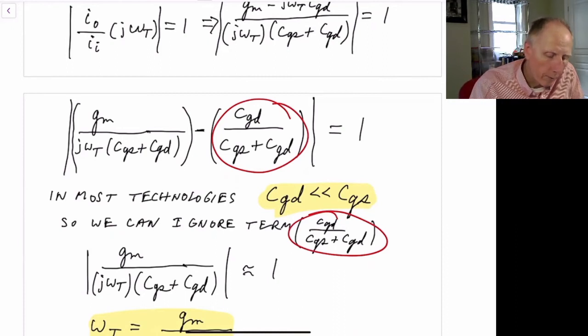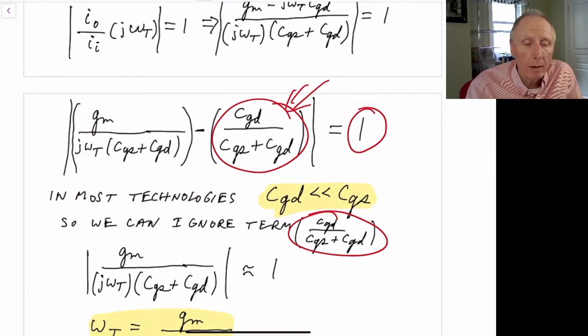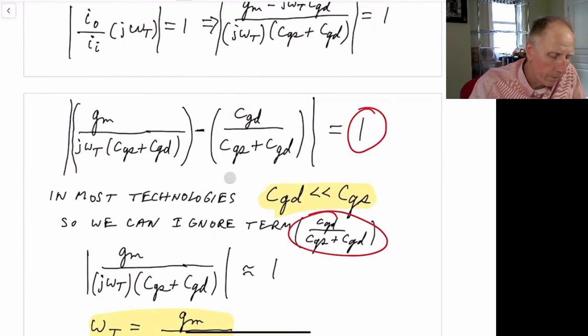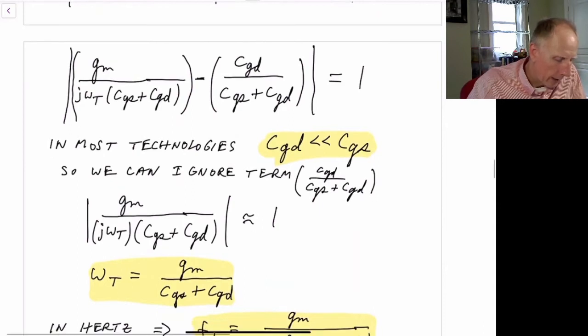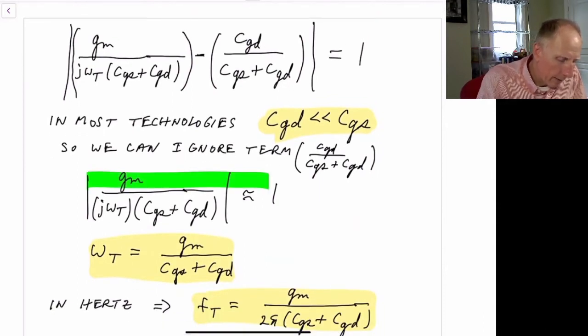Why is that? Well, we're looking at when this is equal to 1. If this value here is equal to 0.1, then we can pretty much ignore it and just worry about this term over here. We'll have 10% error, but it'll still be a fairly good figure of merit. If CGD over CGS plus CGD is 0.01, there will only be 1% error. So we ignore the second term here, and we have our equation.